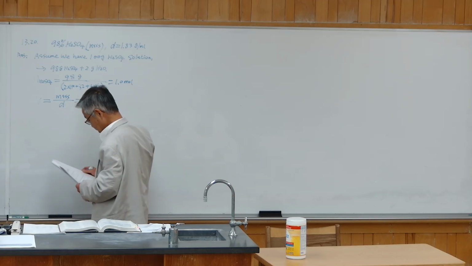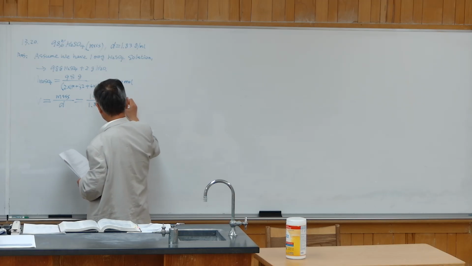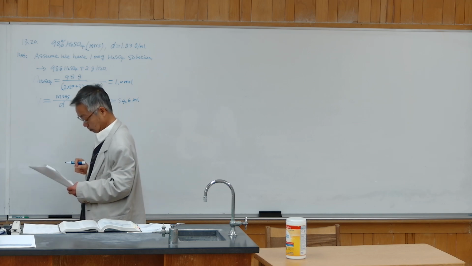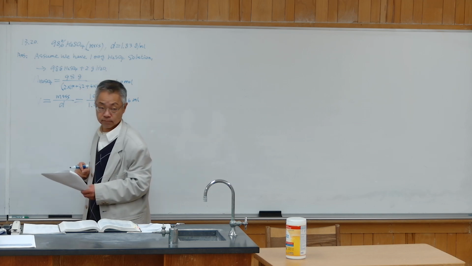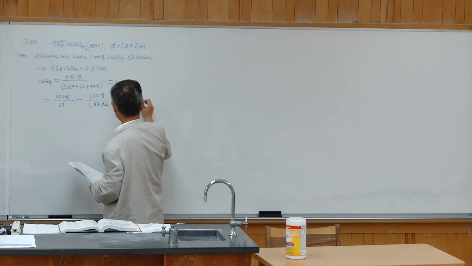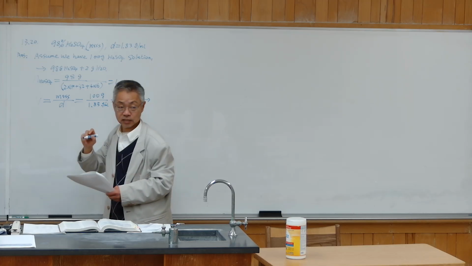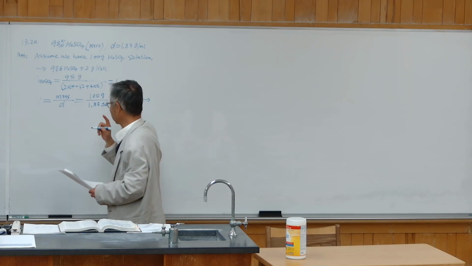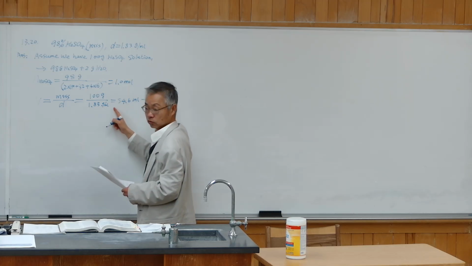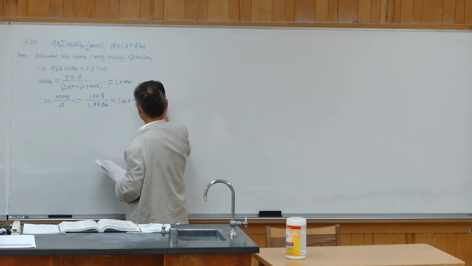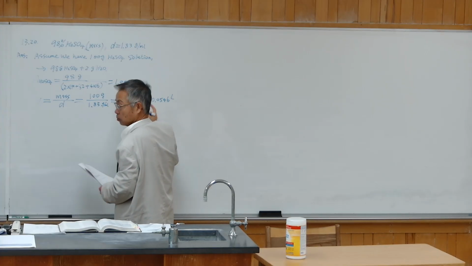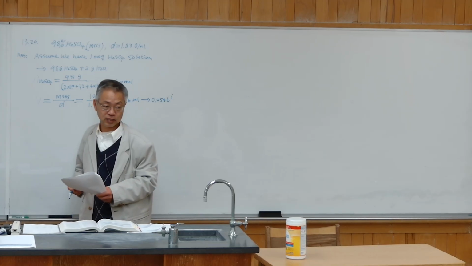Okay, so this we get 54.6 milliliter. Convert this into liter because molarity is moles per liter, right? Convert the milliliter to liter, divided by 1000, 0.0546 liter.